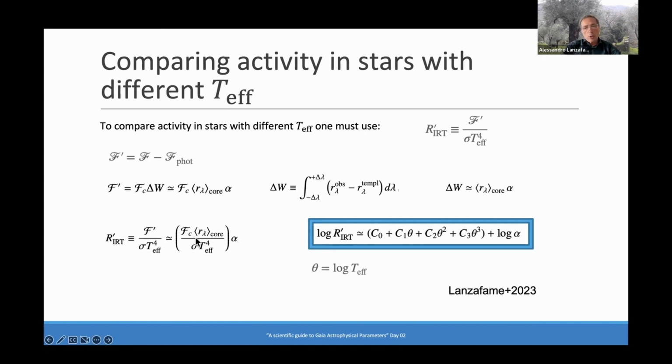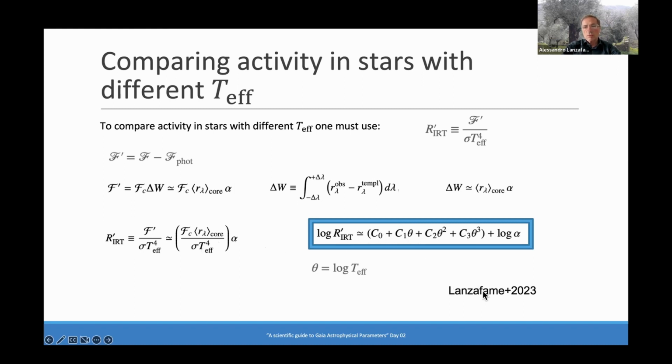So we fit the logarithm of this quantity between brackets, and we provide a polynomial relationship linking the effective temperature to this factor between brackets here.